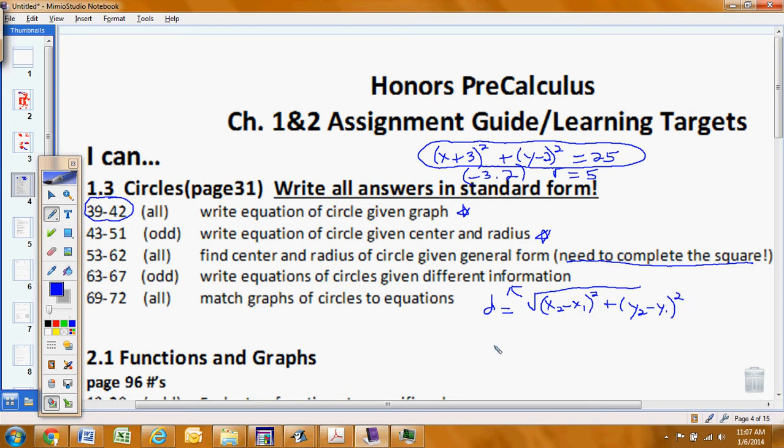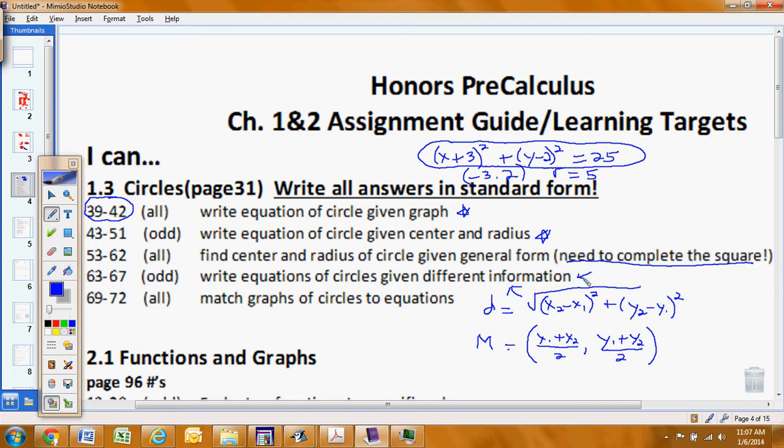That's the distance between any 2 points, and then the midpoint formula is ((x1 + x2)/2, (y1 + y2)/2). And it's a coordinate.